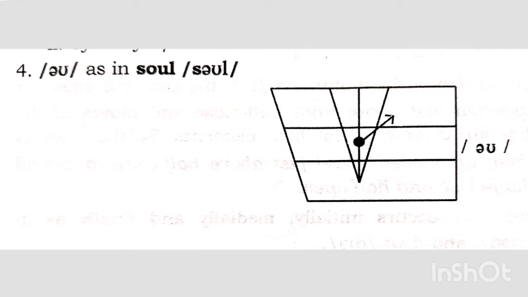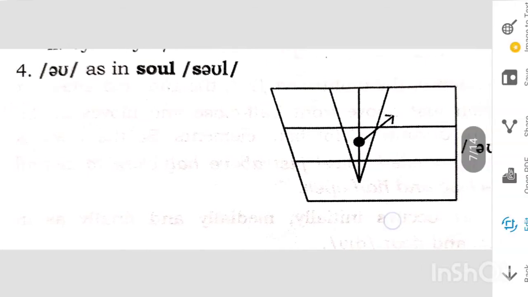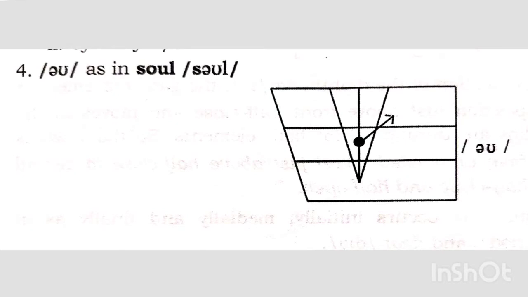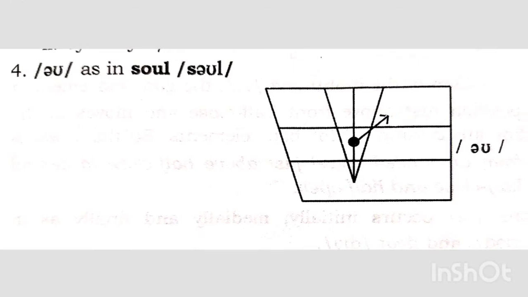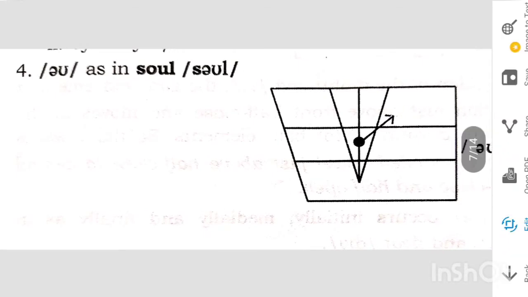The glide of RP O begins at a central position, a central vowel, between half close and half open, and moves in the direction of RP U.